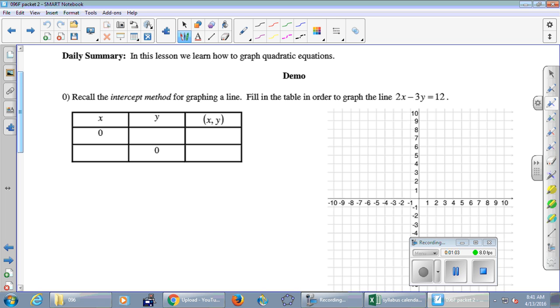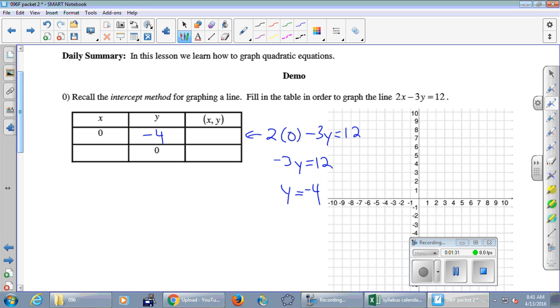So if we first set x equal to 0, I get 2 times 0 minus 3y equals 12. Right, just substituting 0 for the x. And so that 0 just disappears, so I get negative 3y equals 12. So y is negative 4. So I'll put a negative 4 right there.